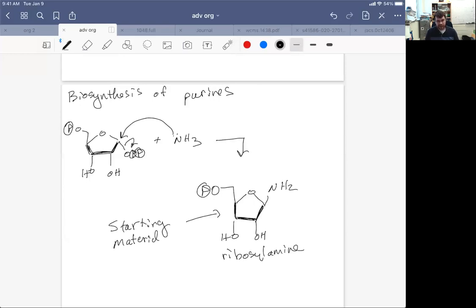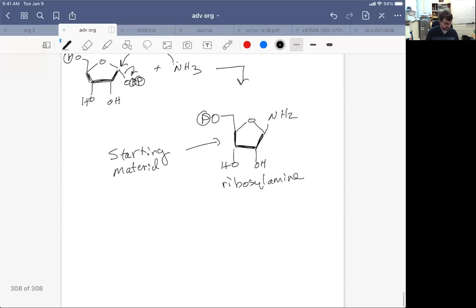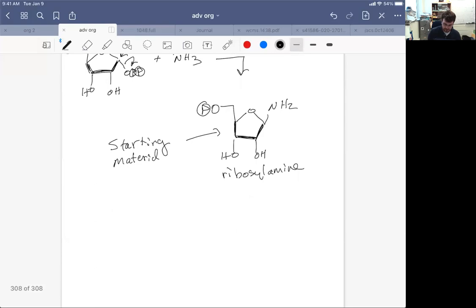It's like a hemiaminal or an aminal. I just generally call these things NO-acetals, just to really emphasize the point. But this is going to be our starting material. And we're first going to couple this to glycine.